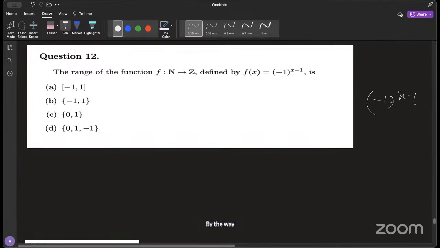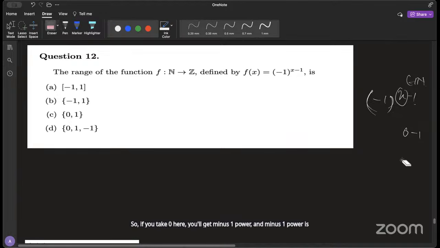By the way, because we have a -1 here, that's going to change things. That's why, because you have a -1 here, they've given you that this x has to belong to natural numbers. If your x belongs to natural numbers, and natural numbers includes 0, then if you take 0 here, you'll get -1 power, and -1 power is the reciprocal. Okay, that's fine.